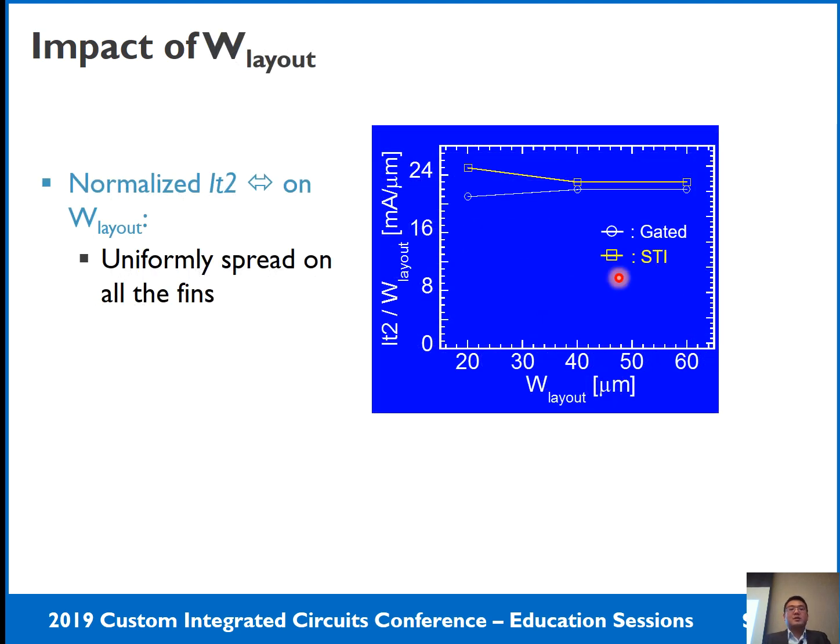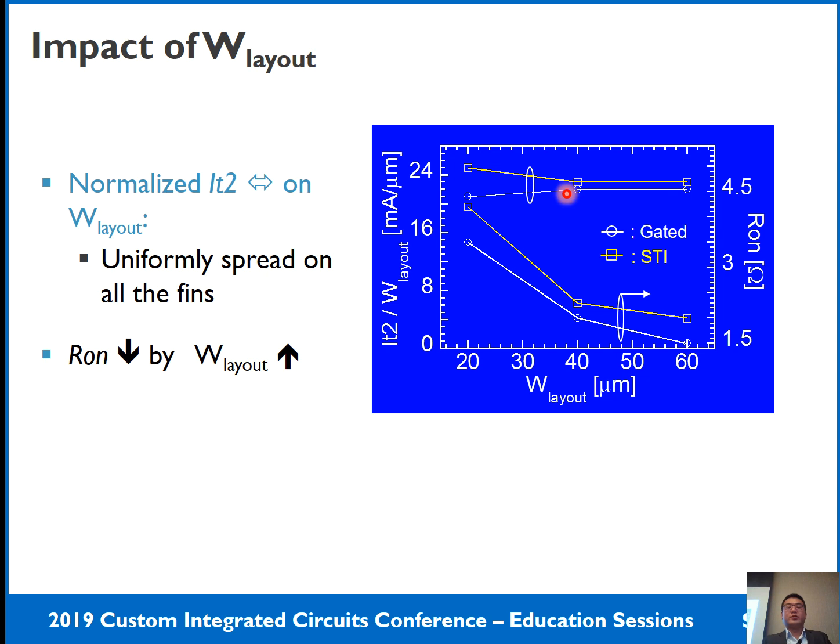Then the third parameter is the layout width. The normalized It2 shown is independent of the layout width. This indicates the ESD current can spread uniformly along the width direction, which means that each fin can turn on during the ESD stress.